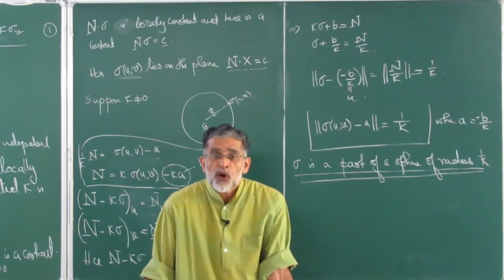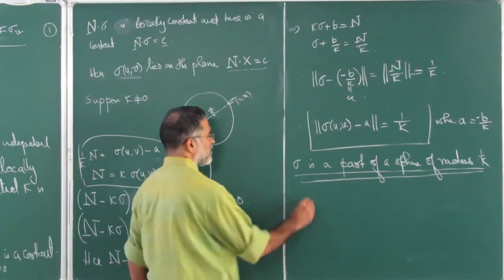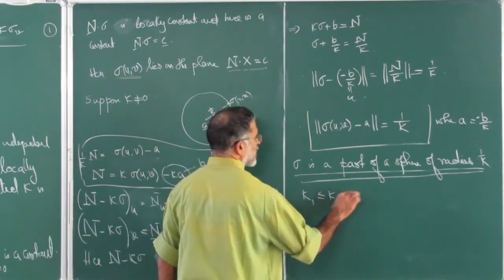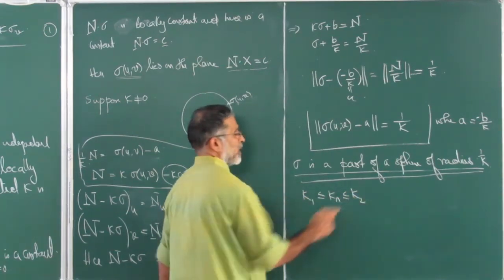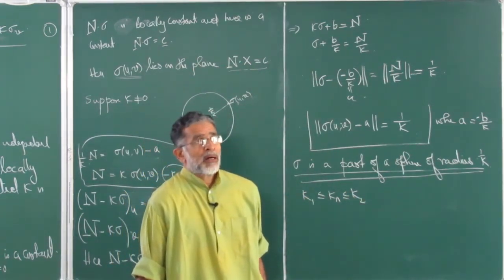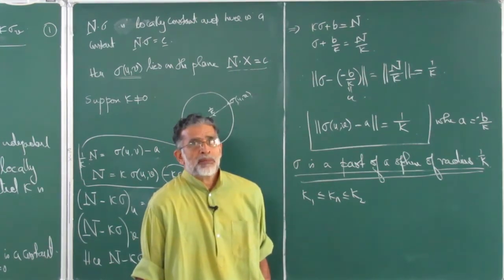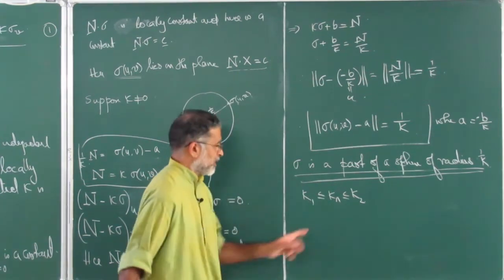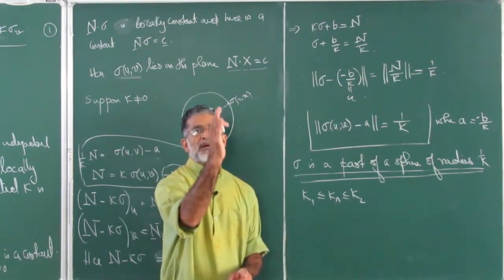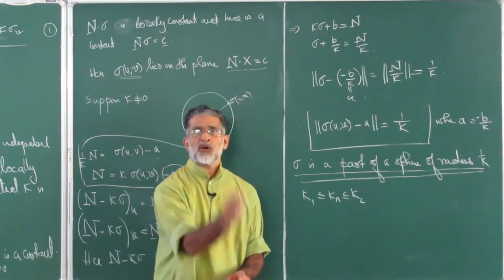If Kn is the normal curvature, and kappa 1 is less than or equal to Kn less than or equal to kappa 2, where kappa 1 and kappa 2 are the principal curvatures. But remember, what is this Kn? Kn is the curvature of the vertical section or normal section.